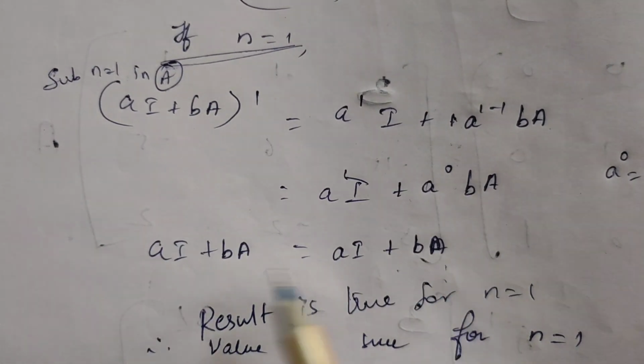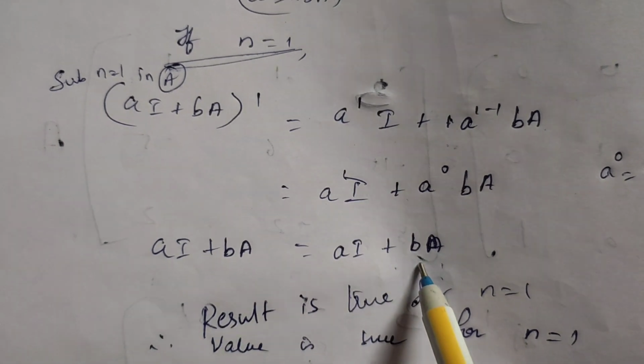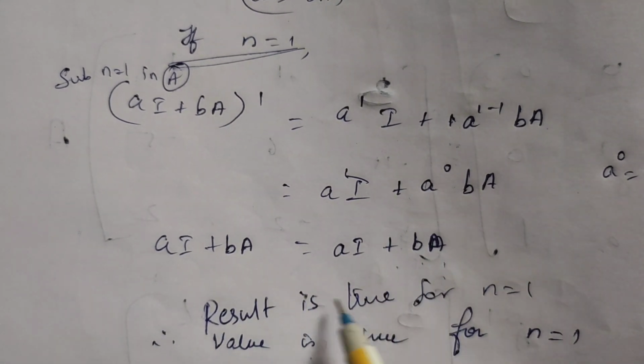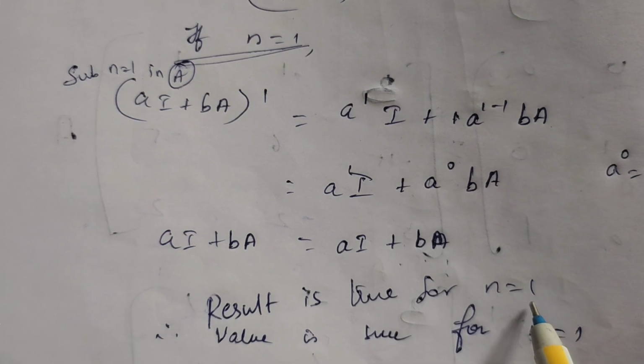So the result is true, LHS is equal to RHS. Therefore, the result is true for n equal to 1.